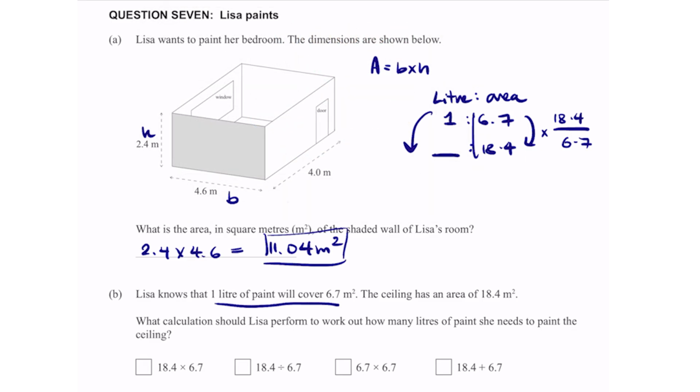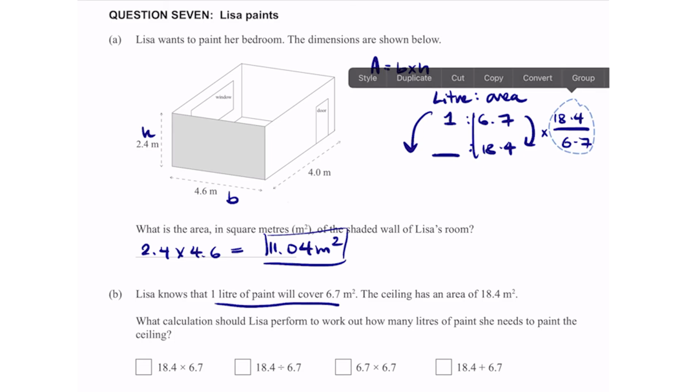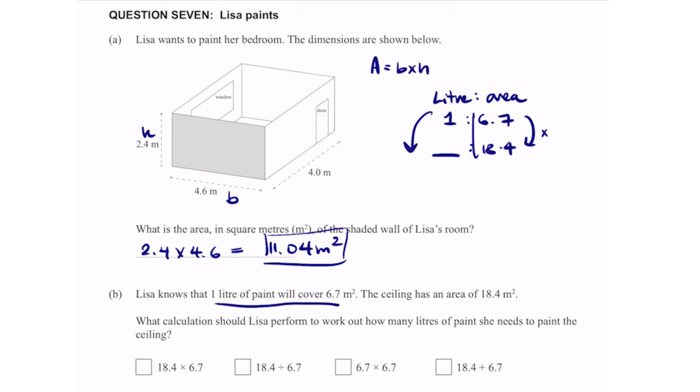What's 18.4 divided by 6.7? It's 2.75, right? So multiplying this side by 2.75, I get 2.75 litres will cover an area of 18.4.